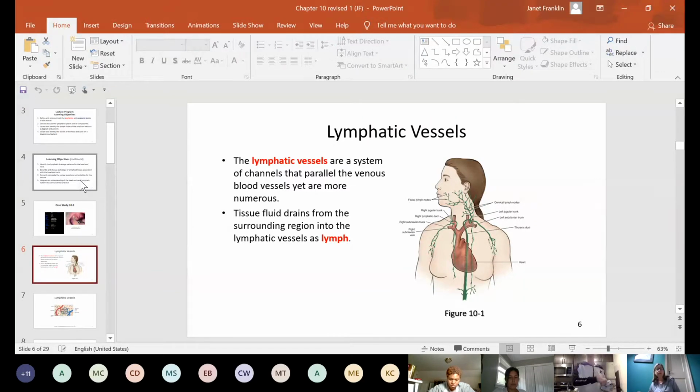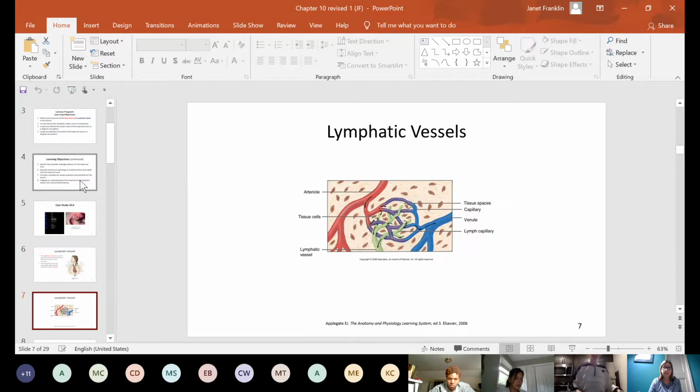So the lymphatic vessels are a system of channels that parallel the venous blood vessels, but there are more of them. And the tissue fluid drains from the surrounding region into the lymphatic vessels as lymph. So lymph is actually a fluid that drains into the lymphatic vessels. This is a picture of what they look like.